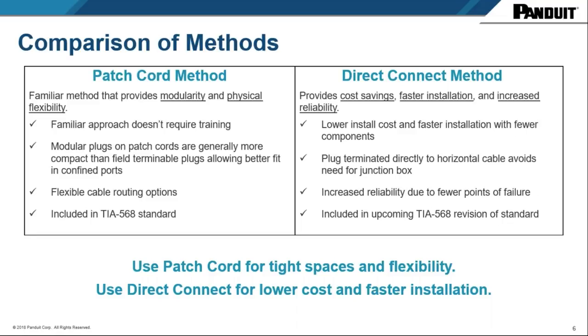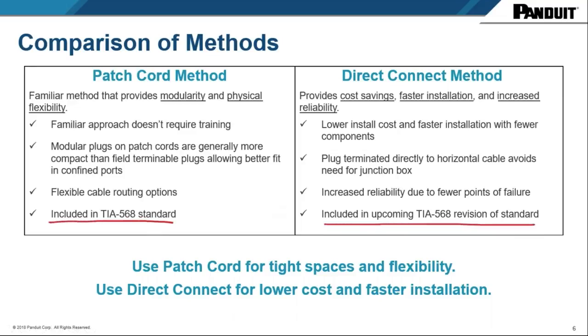The patch cord method is a familiar method, and the key things that it provides are modularity and physical flexibility in terms of routing to a device, with the flexibility of a patch cord, which can be quite small. By contrast, with the direct connect method the big advantages are the cost savings, faster installation, and increased reliability that it provides. And I won't read through all the bullets. You can see, though, how they compare.